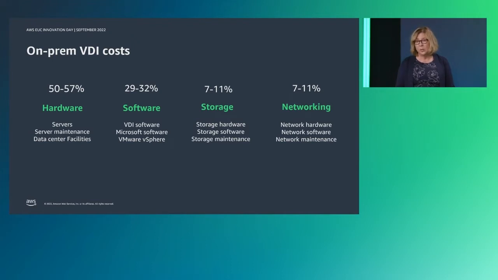What we've been seeing is that this accounts for roughly 50+% of the on-prem VDI solution cost. This is followed by software, which is around 30% of the total cost, and this includes not only the VDI software, but also the Microsoft and VMware vSphere licensing. And then there are the storage and networking buckets, which are a smaller percentage at about 10% each.